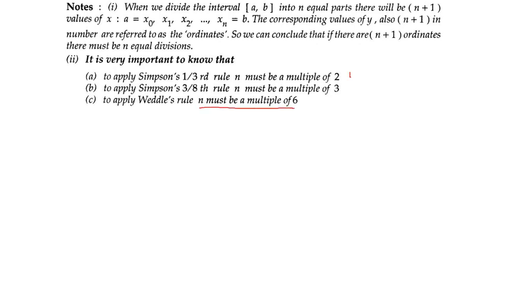So multiple of 2, Simpson's one-third; multiple of 3, Simpson's 3/8; multiple of 6, Weddle's rule. So you remember. One more observation: when n is a multiple of 6, it will be a multiple of 2 as well as a multiple of 3. So when n is a multiple of 6, you can apply any of the three methods.